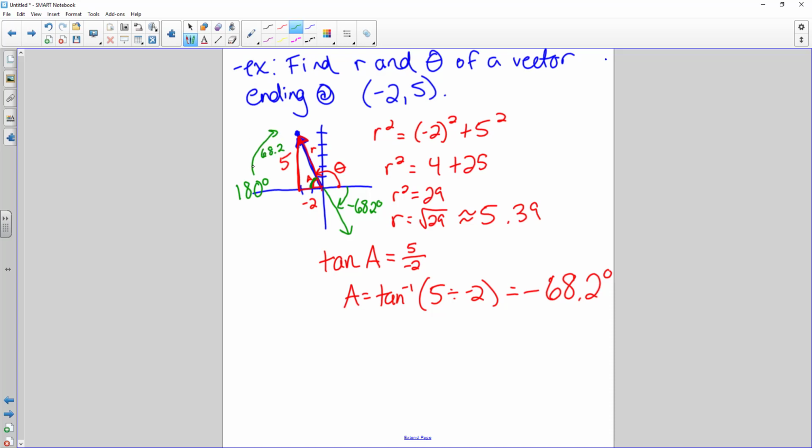So to figure out that direction, I can take 180 minus 68.2, and I get 111.8 degrees, which makes sense, a little bit past 90 degrees. Just the way it looks, that seems reasonable that would be 111.8 where my theta is.